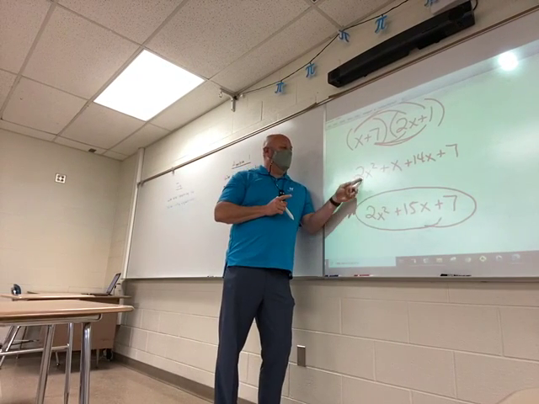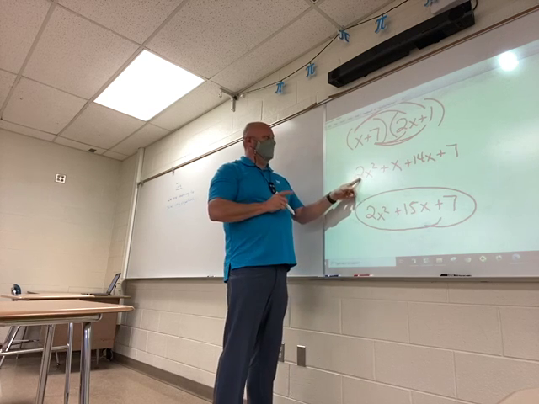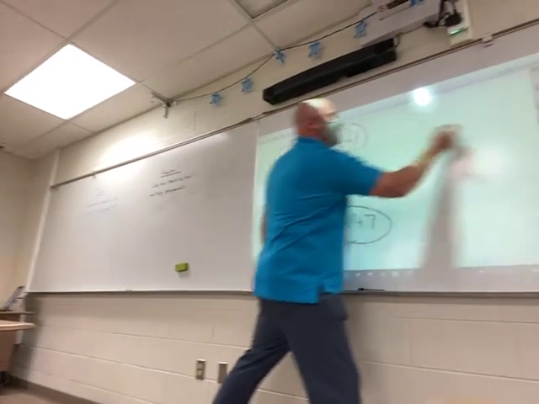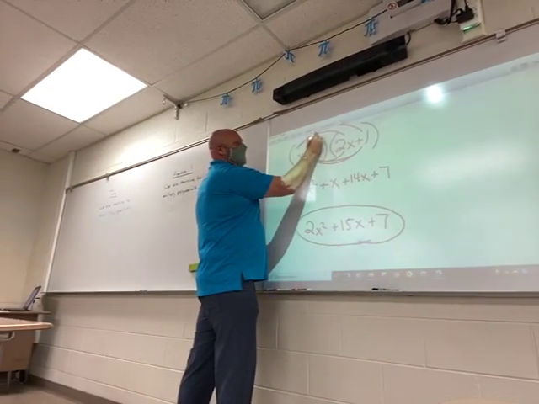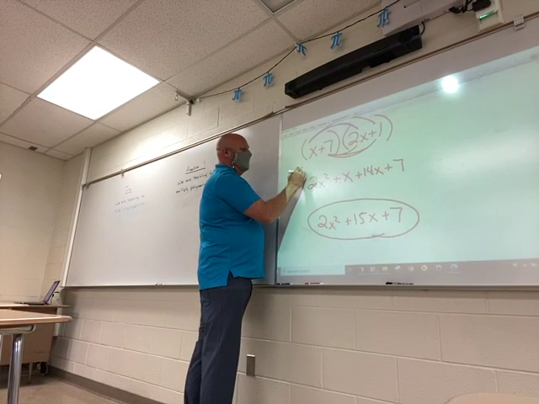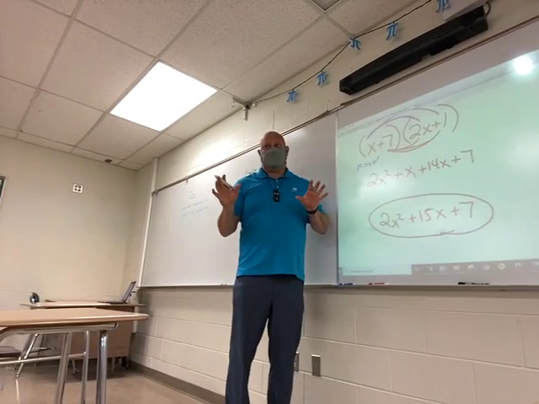Now, how did we get the 2x squared? What did we multiply together to get the 2x squared? The x and the 2x. So what we did was we multiplied the x times the 2x. In other words, we multiplied the first numbers together, right?